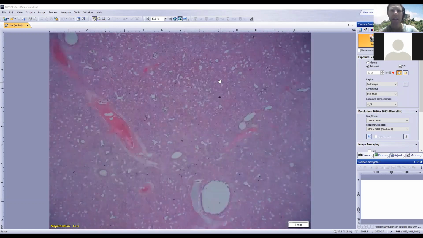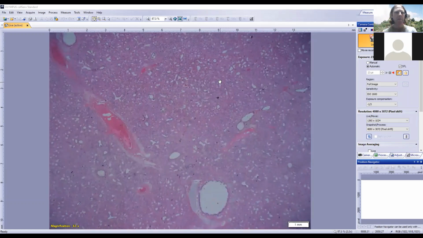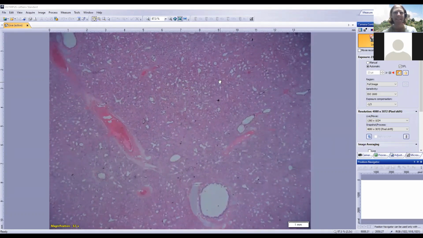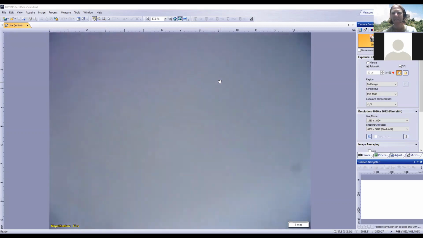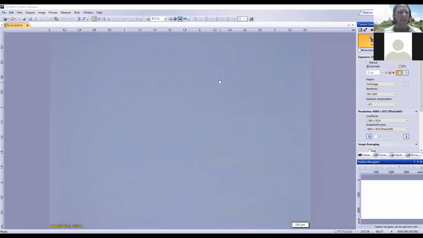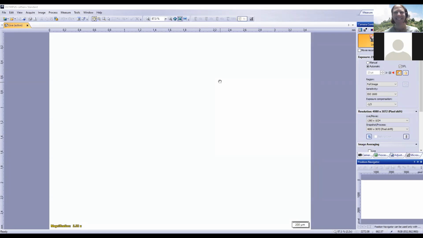Can you go to the very, very low power view? Okay. So give us a quick overview, if you can, of how these sessions usually work. So we normally start on low power. And we kind of stay there. We don't really go very close.